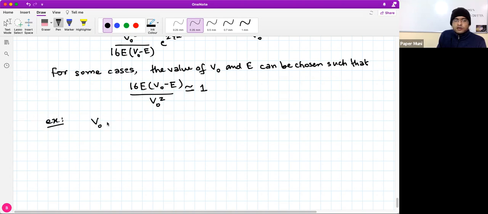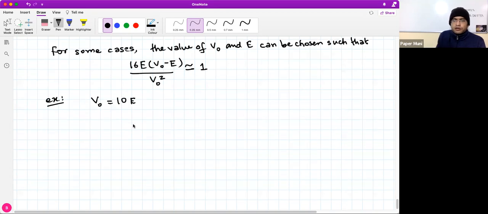Say v naught is given to be 10 E, 10 times that E. It's a huge potential compared to the energy of the particle. In that case, if you calculate this value, it is 10 E minus E divided by 100 E square, so this will be approximately 1.44.